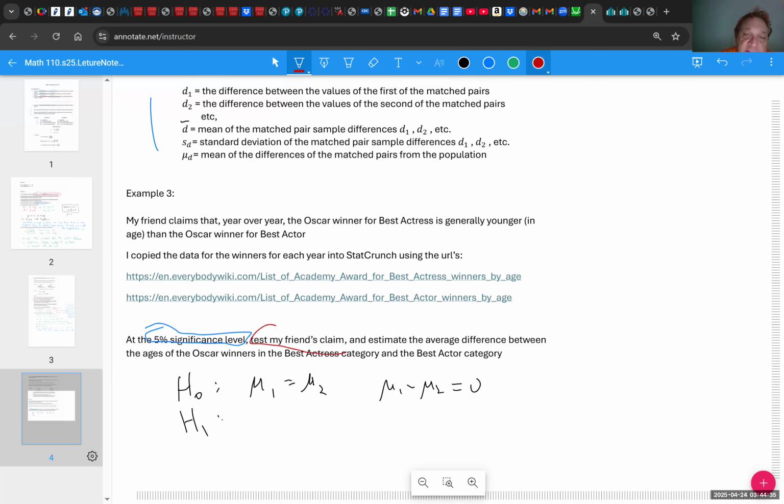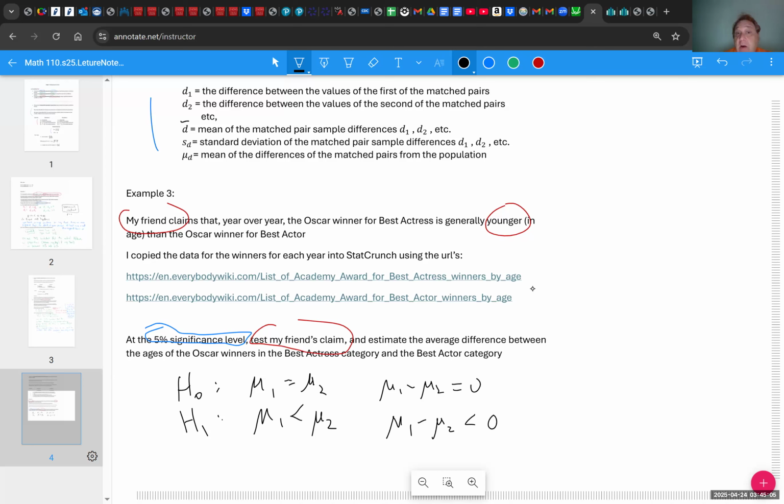What does my friend claim? That the Oscar winner for Best Actress is younger, so less than the age for the actor. So for the alternative, I want the average age of the women to be less than the average age of the men. In our subtraction version, it looks the same with a less than sign.